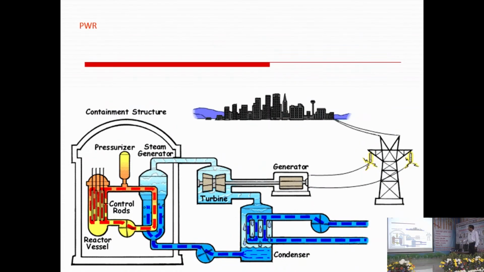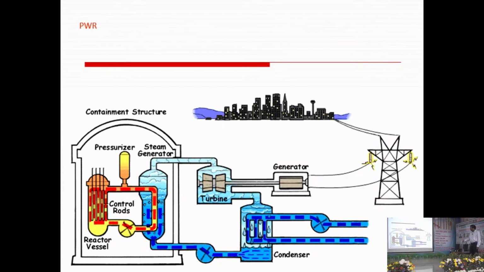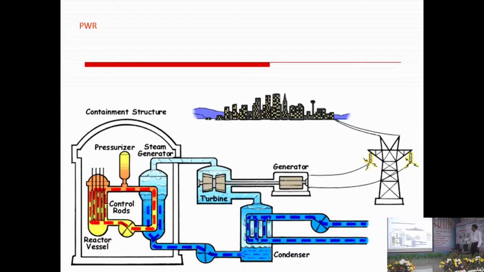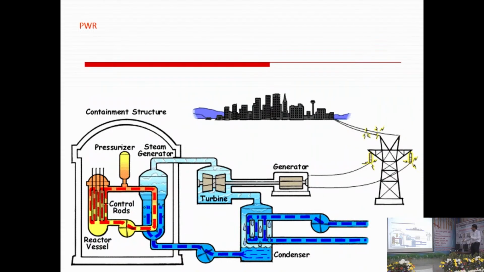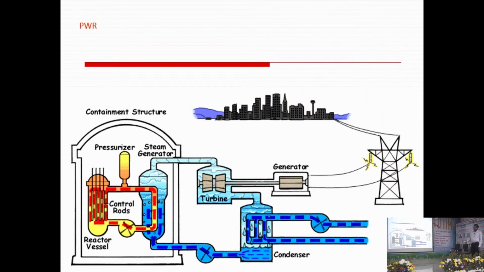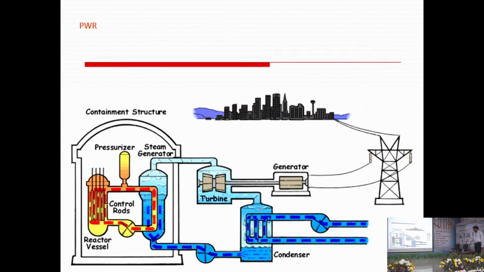In the case of PWR, one primary coolant is circulating, it is pressurized. In the secondary heat exchanger we generate steam, this steam is transferred to the turbine, and it will generate the power. Then after the turbine, the water coming out will be condensed, made cool, and then pumped again to the steam generator. The heat exchange is happening here. In the case of BWR, this heat exchange is not required.